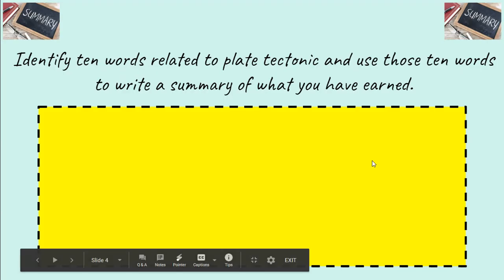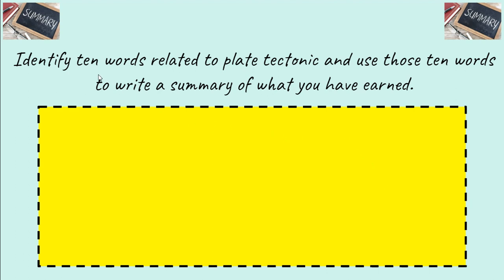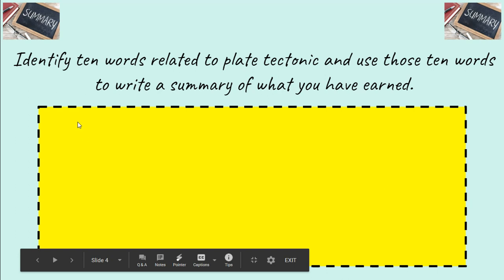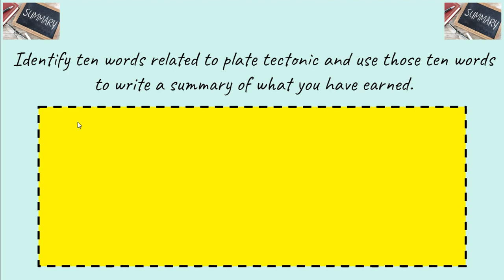Okay. Going to our next slide, I would like you guys to identify 10 words related to plate tectonics and use those 10 words to write a summary of what you've learned. So you can just list your 10 words. Maybe you want to list the types of boundaries: converging, diverging, transform. You can talk about different crusts, crustal formations.